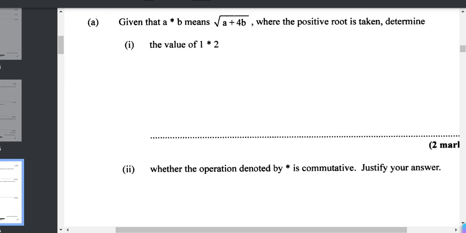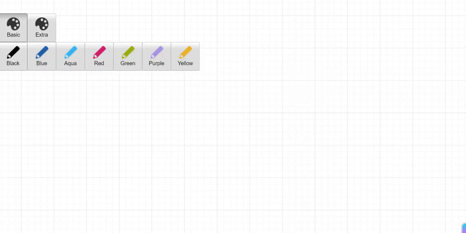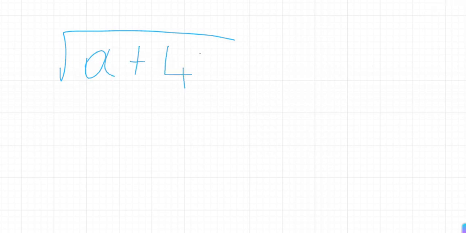So what we will actually do, let us use our whiteboard. So if we have, let's say, the square root of a plus 4b, and we had 1 asterisk 2.